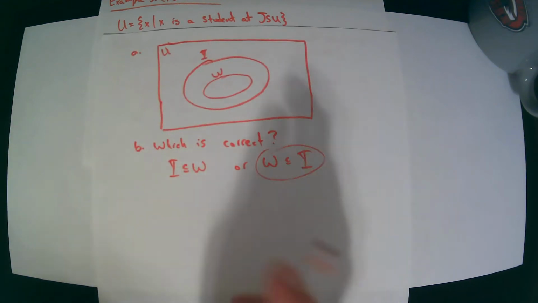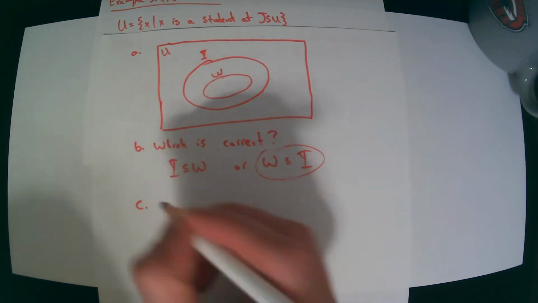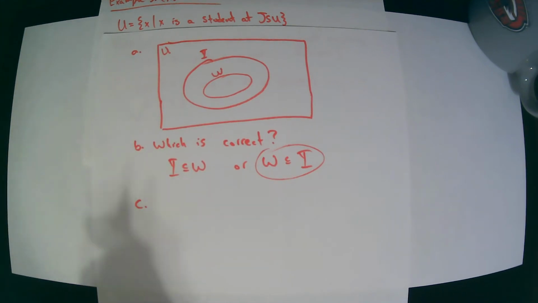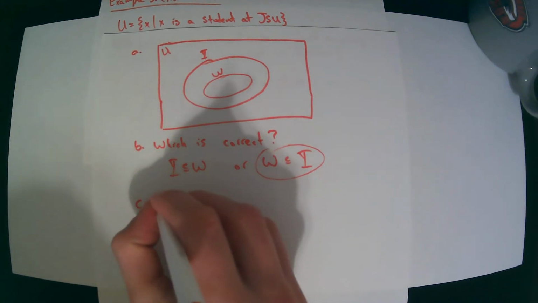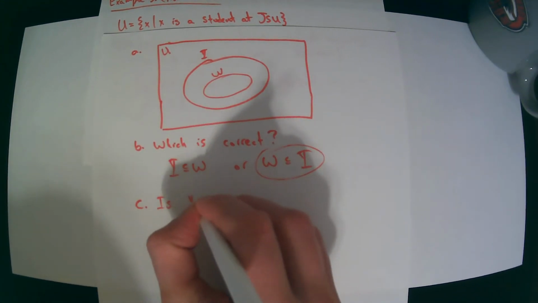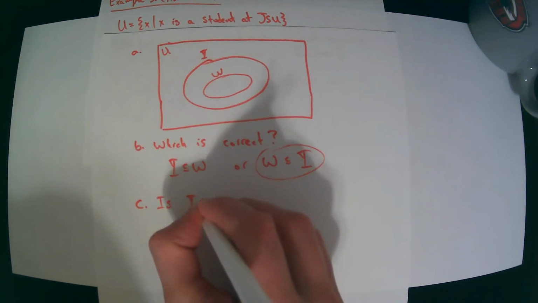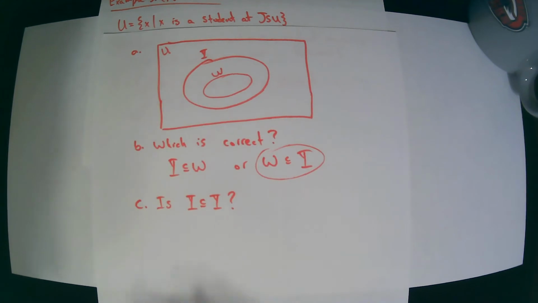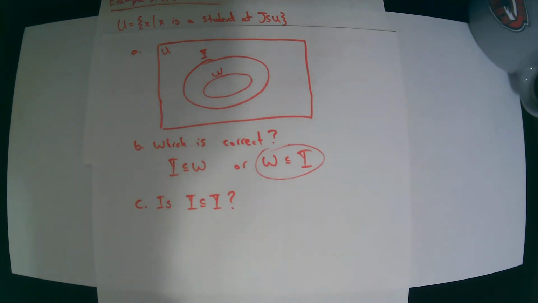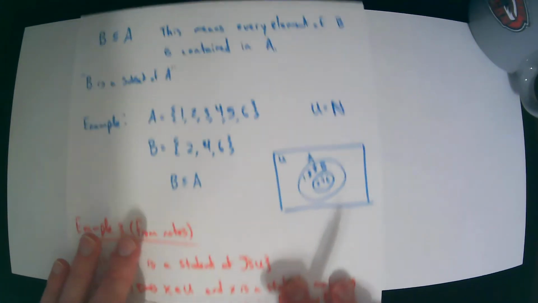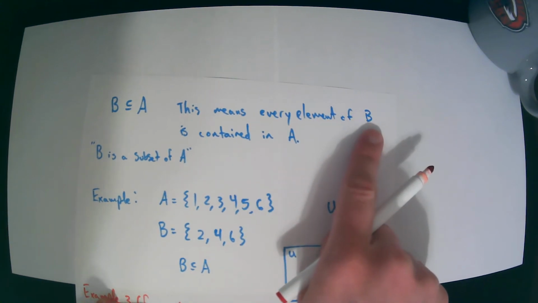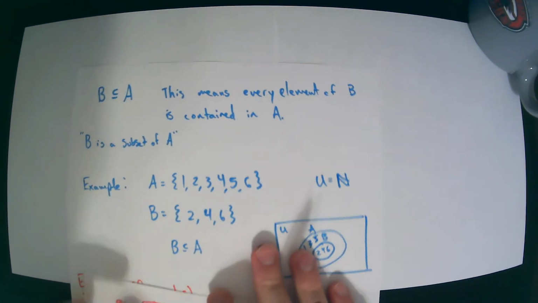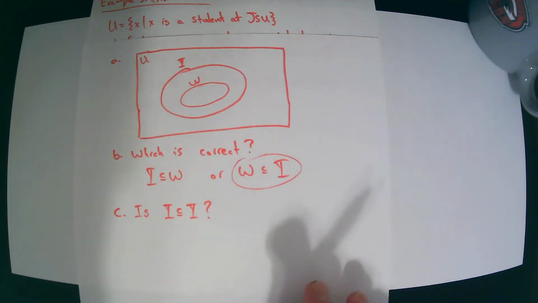Okay, and part C says, now this is an interesting question, is Y a subset of itself? Well, the definition of subset says every element of, so in this case, every element of Y is contained in Y. Is that true?